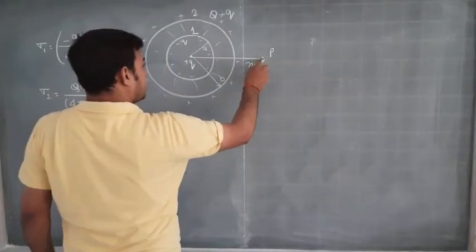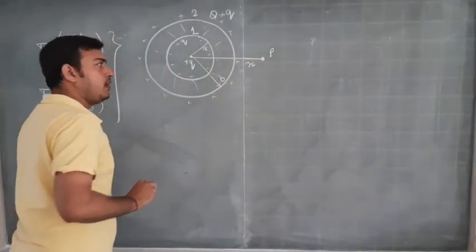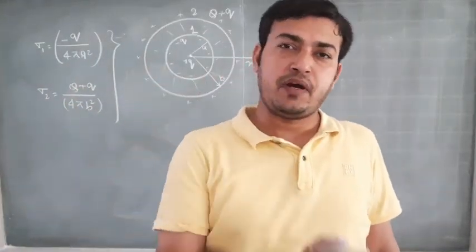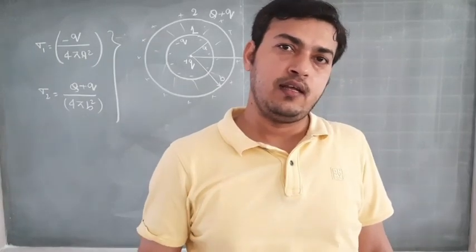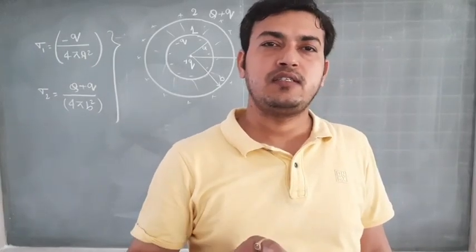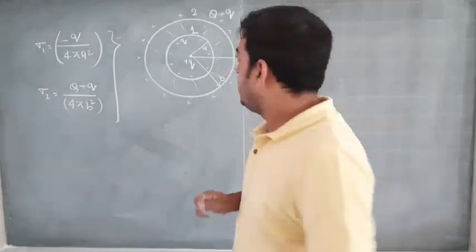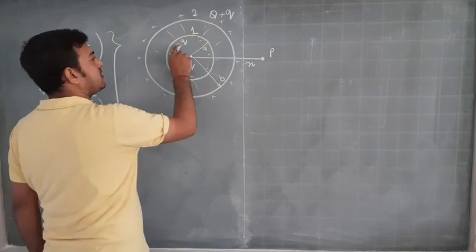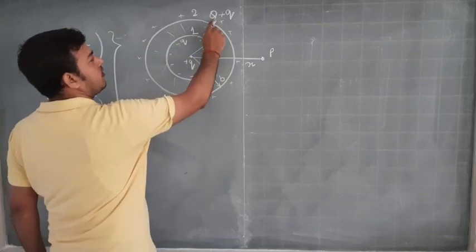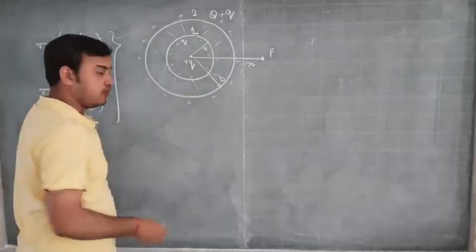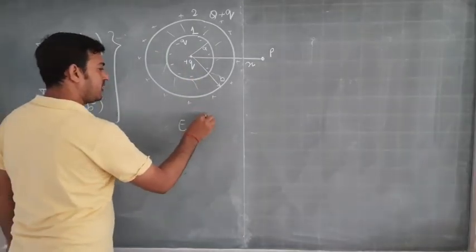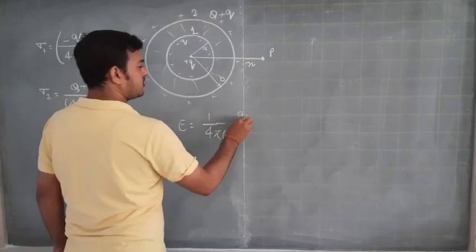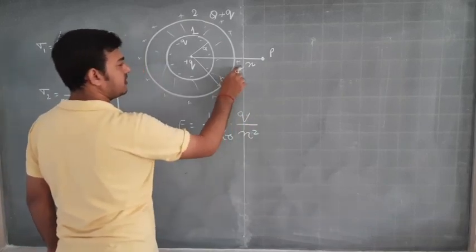Now to find out the electric field here, I have told you that if you have a point outside the shell, then the shell behaves as if its whole charge is concentrated at its center. So now I have two shells, you can assume. The inner shell has a charge of minus q and the outer shell has a charge of Q plus q. So from the previous concept we can find the electric field directly as 1 by 4 pi epsilon naught Q by r squared. Here the distance is x.